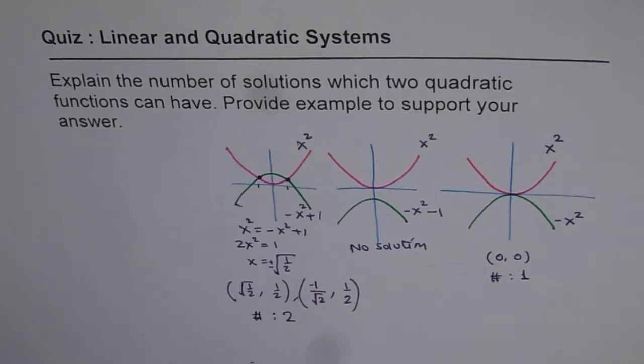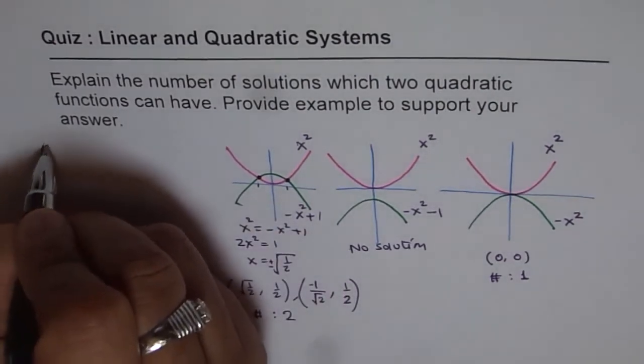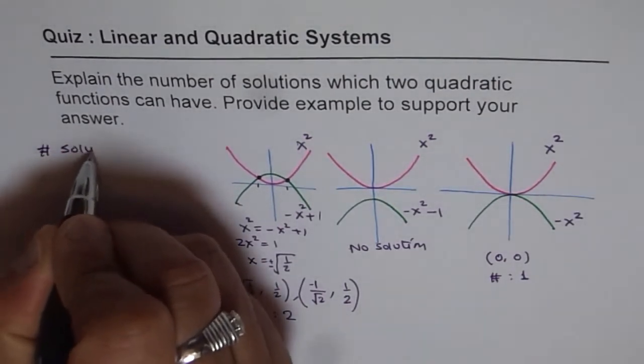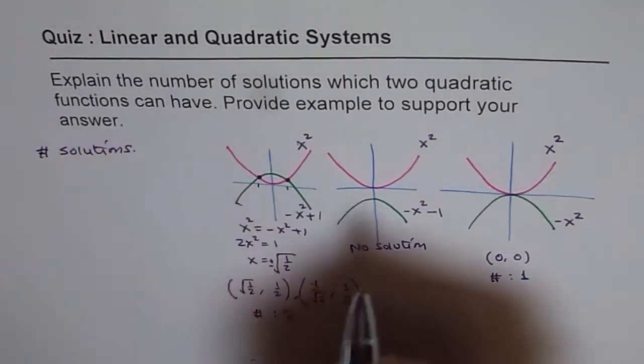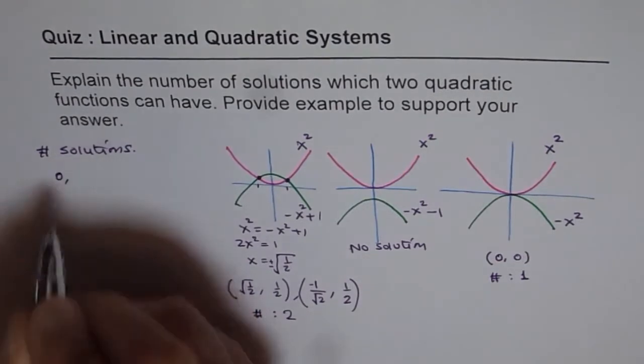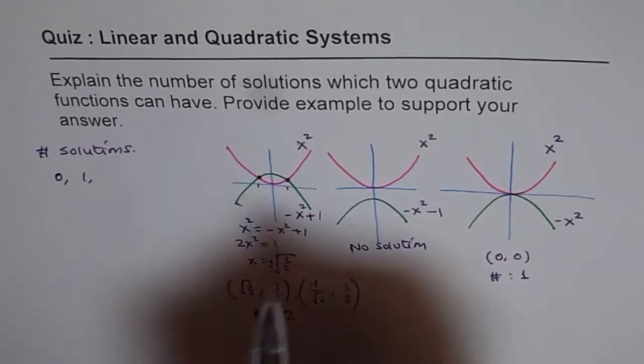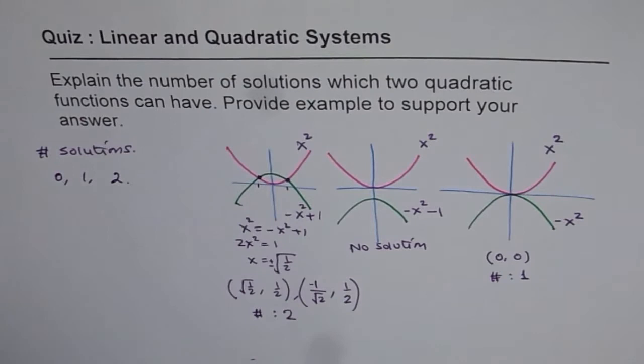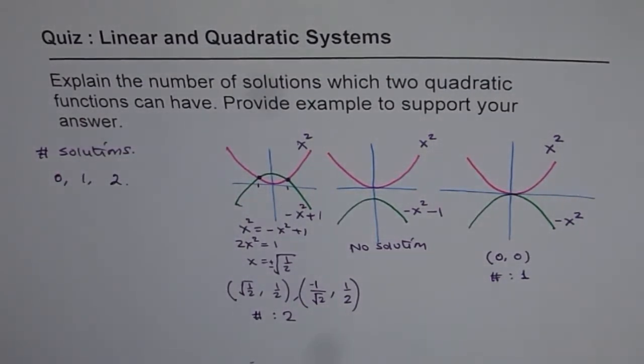So we can now summarize our results: the number of solutions possible are either none, that means 0, or we have 1, or we could have two solutions, right? So in short, that is our answer for this particular question.